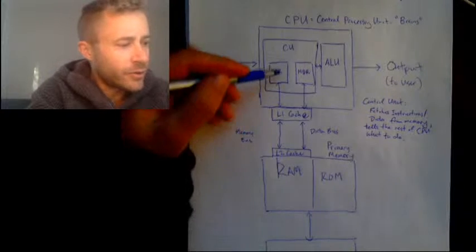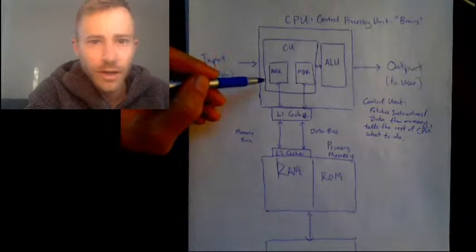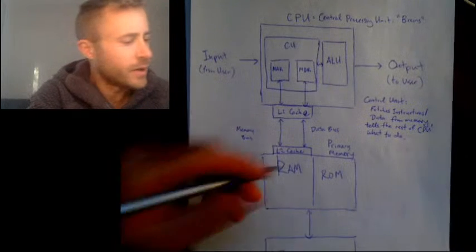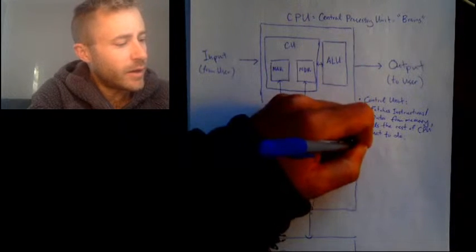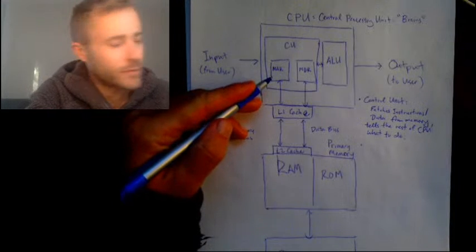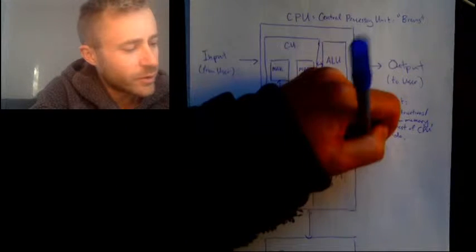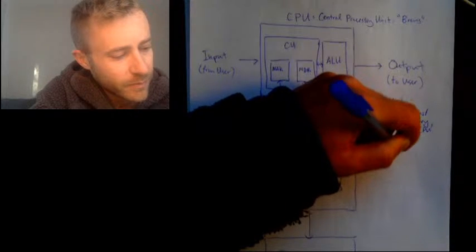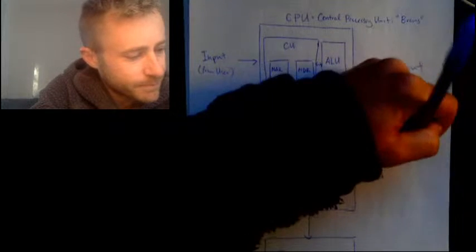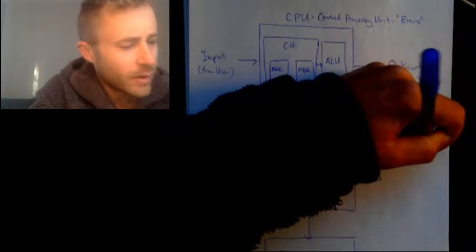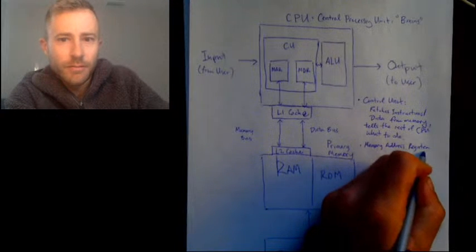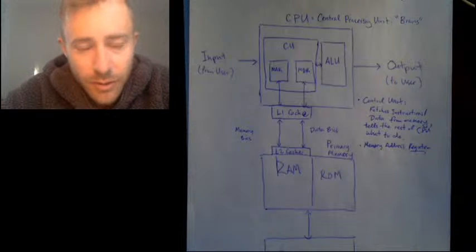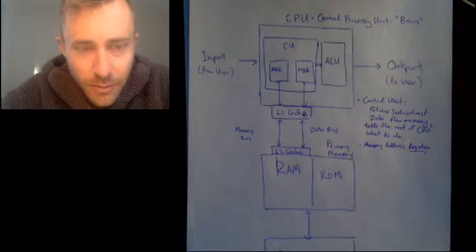Now the control unit has within it two parts, MAR and MDR. MAR is called the memory address register. I actually dealt with registers because I got a minor in electrical engineering.